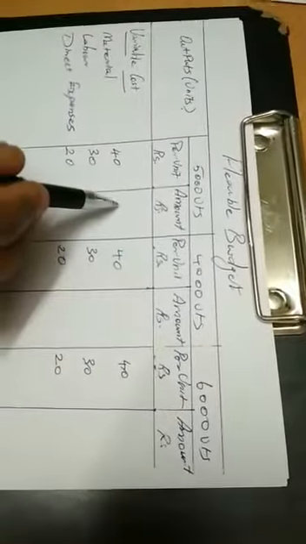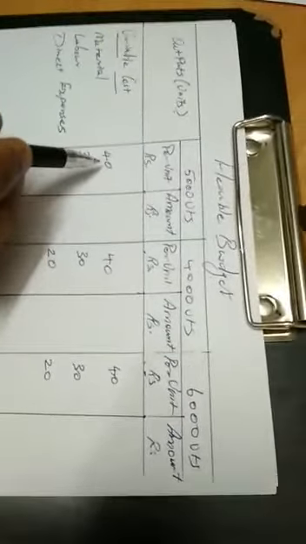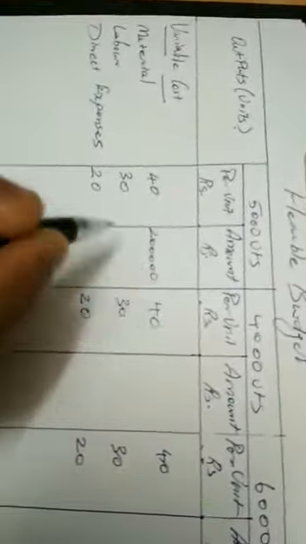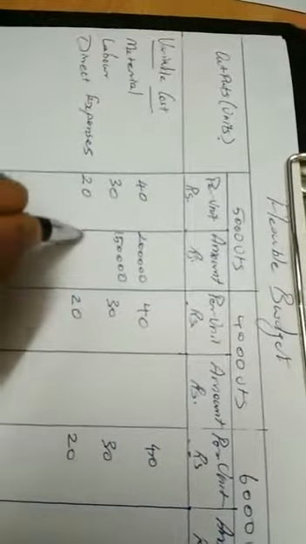Here I am going to fill up the amount column. 40 per unit, and in this case we are going to produce 5,000 units. So here we have to put 2 lakhs, here 1,50,000, here 1 lakh.